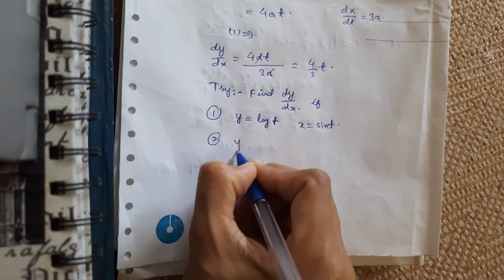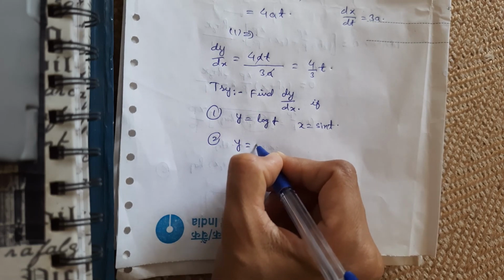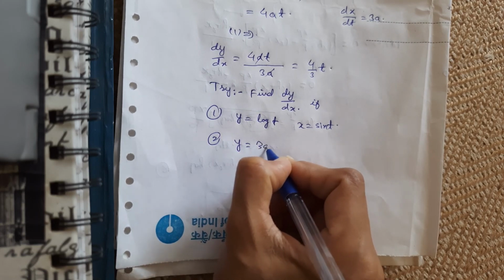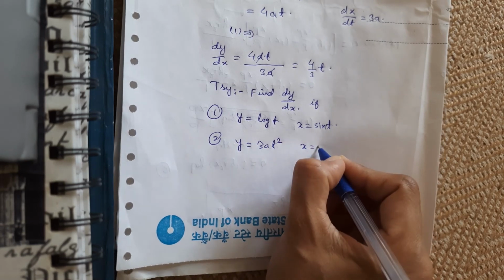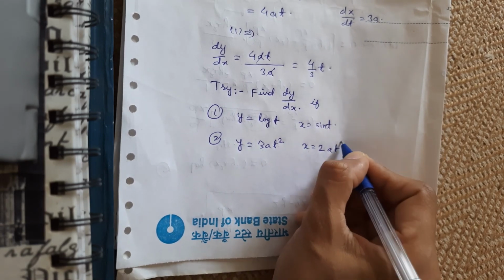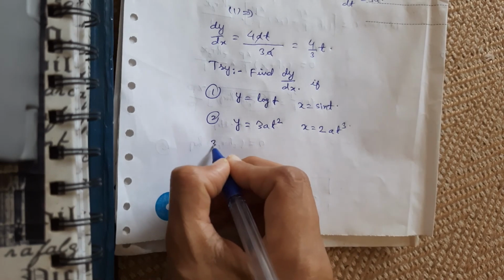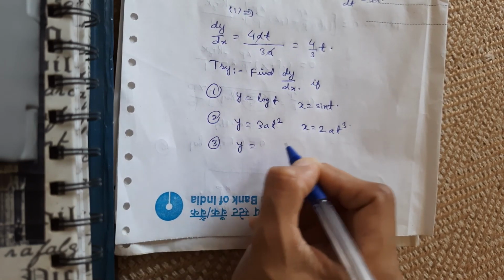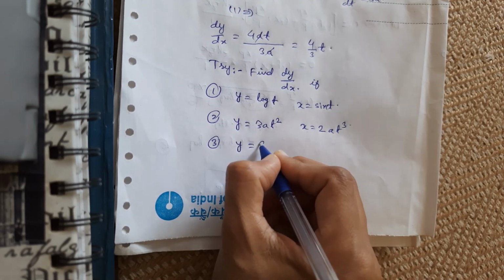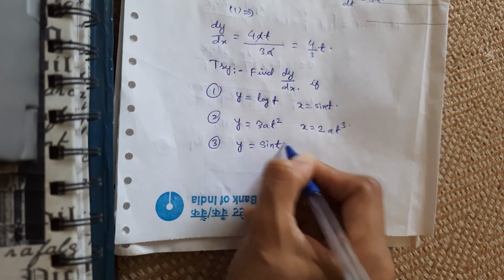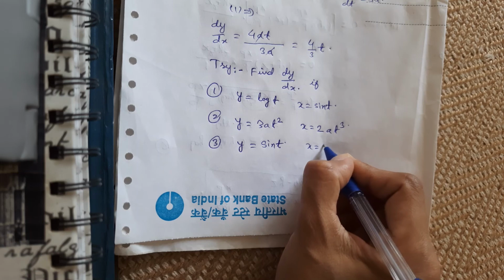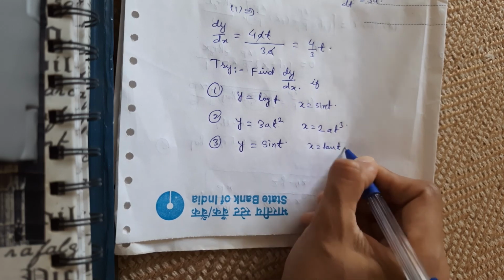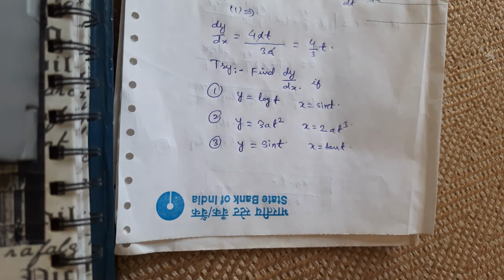Second one is y equals 3at square and x equals 2at cube. Okay. Third example, y equals sin t and x equals tan of t. So find dy by dx in all three cases.